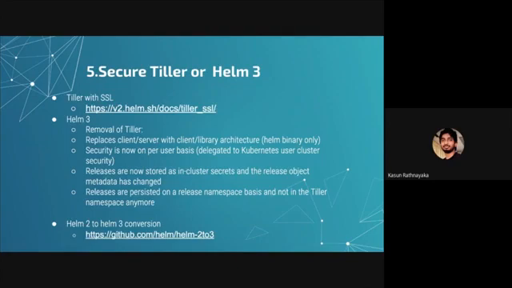But if you are still running on Helm 2, what you can do is set up Tiller SSL, so that will have a handshake and SSL-based authentication for the Kubernetes API, and you need to pass your keys while you are doing the Helm deployments. That is the other thing you can do if you are running with Helm 2.